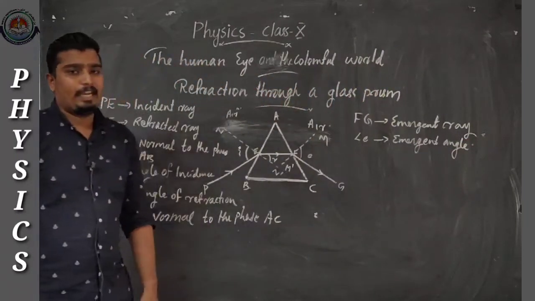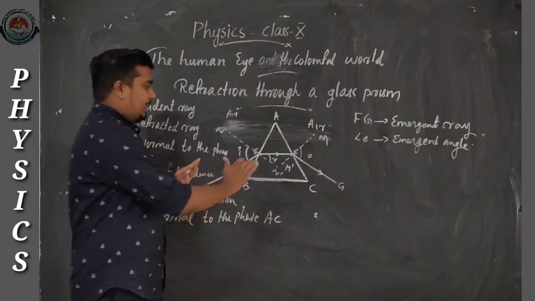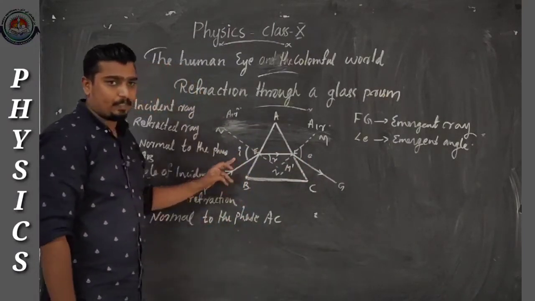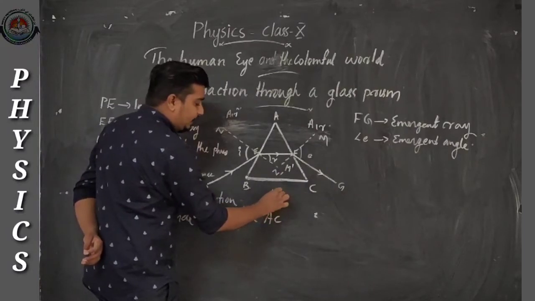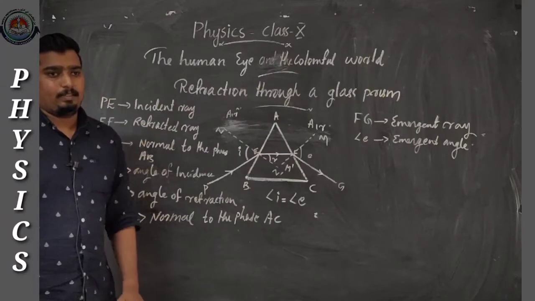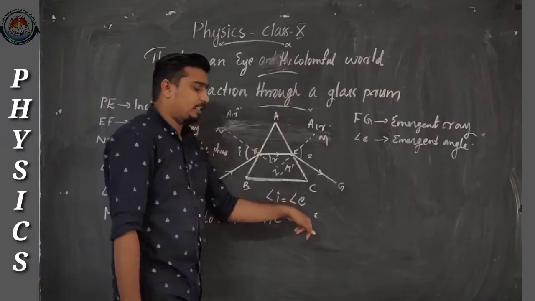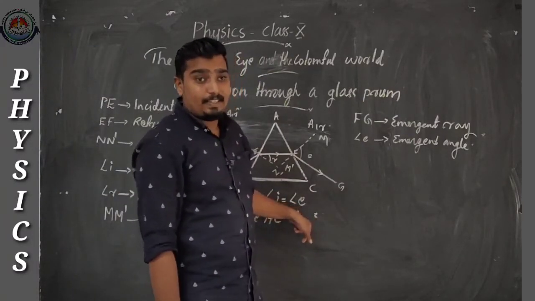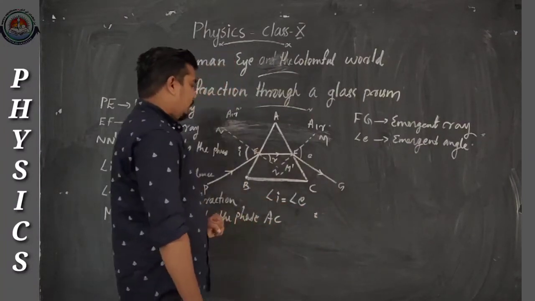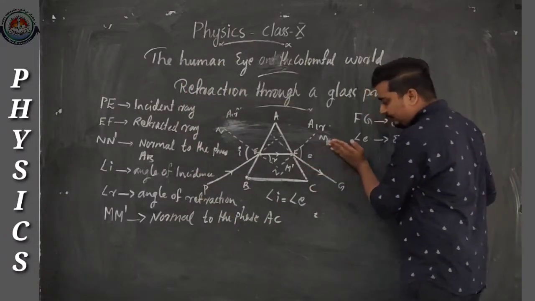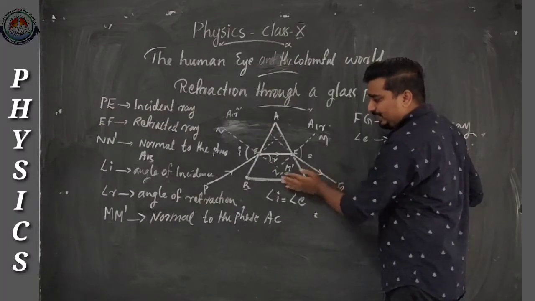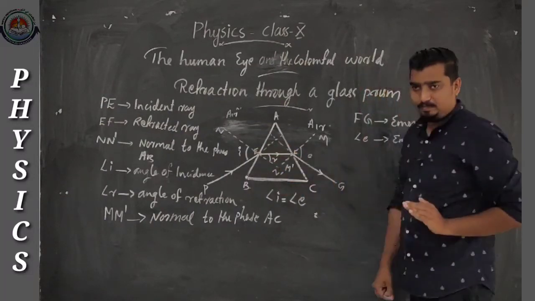Here the emergent angle and incident angle are equal, that is angle I equals angle E. Clear? And one more thing. Here the emergent ray is bent at an angle to the direction of the incident ray.